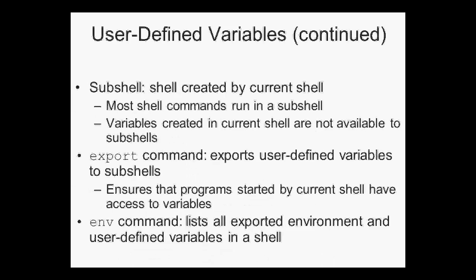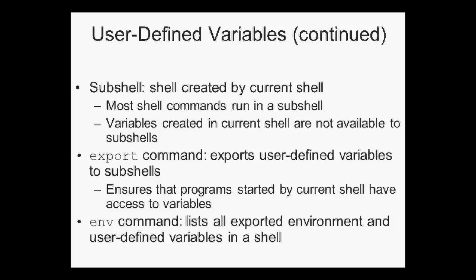Whenever we have a variable set or created by a user, unless we export that variable, it isn't available to our subshells. Now, a subshell is a shell that's created by a current shell.